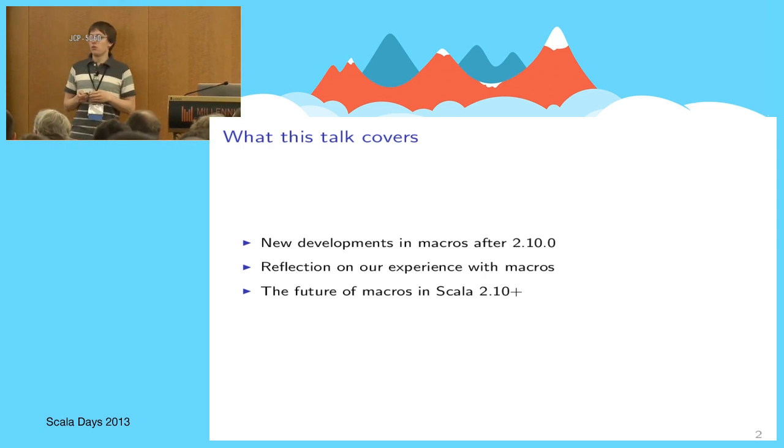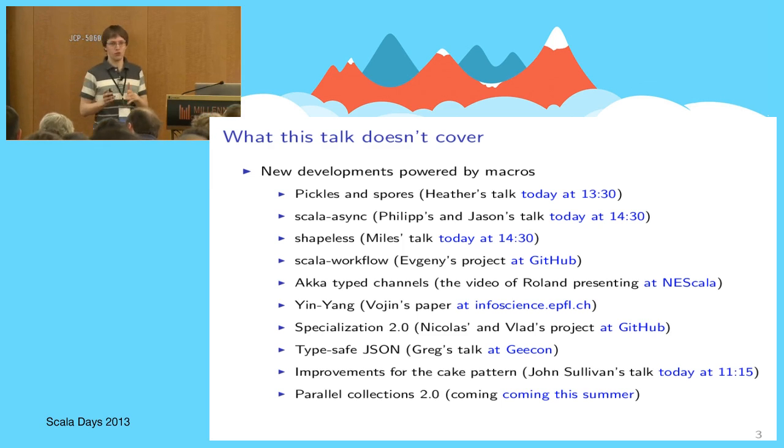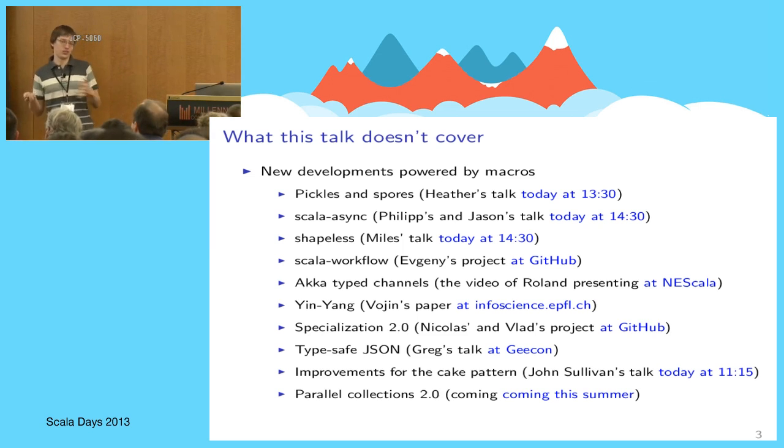When mentioning the stuff that I'm going to cover, it's also worthwhile to mention the stuff that won't be covered due to the lack of time. So first of all, macro projects. There are quite a lot of macro-enabled projects, and people use macros for both production purposes and for research. I would love to talk about this stuff.